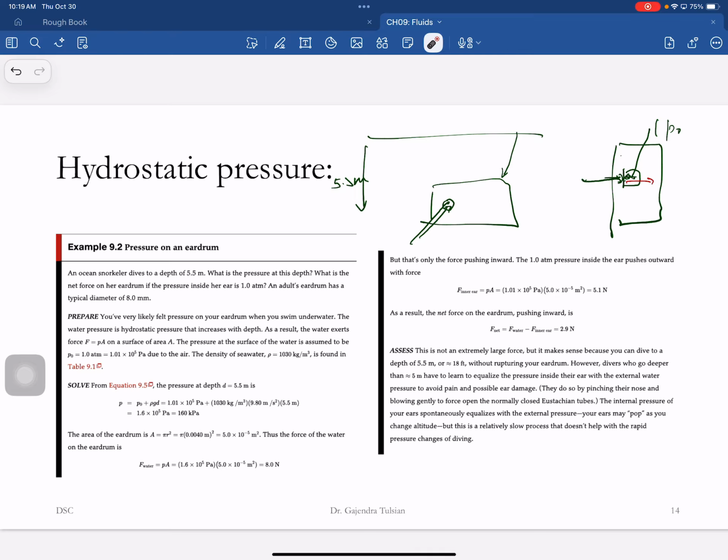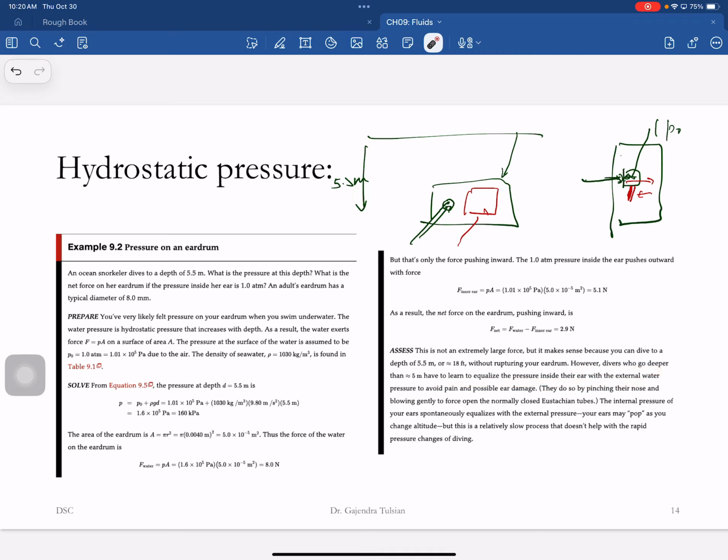No idea. So, all right, there's air in your lungs now at the higher pressure because you got compressed. Well, this inner air is connected by the eustachian tube to your throat. Now, this eustachian tube is generally closed. However, divers who go deeper have to learn to equalize the pressure inside the ear with the external pressure.